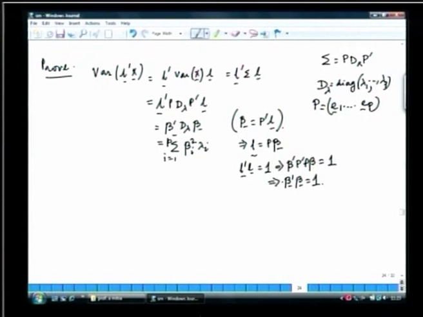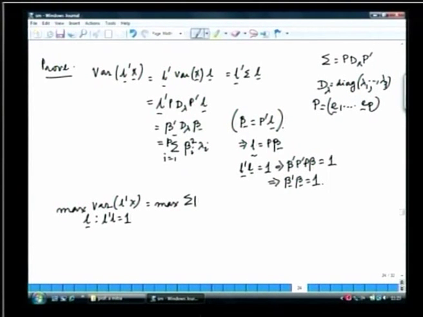So L transpose L equal to 1 is equivalent to saying beta transpose beta equals 1. Now I have to maximize the variance of L transpose x over L such that L transpose L is equal to 1. Equivalently, I can maximize this expression, which I have shown to be equal to the variance.